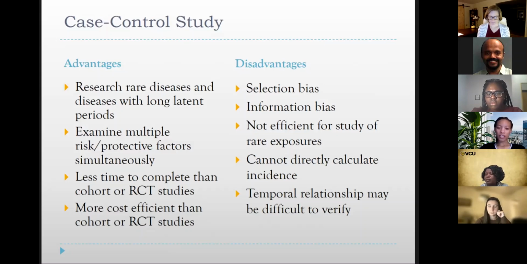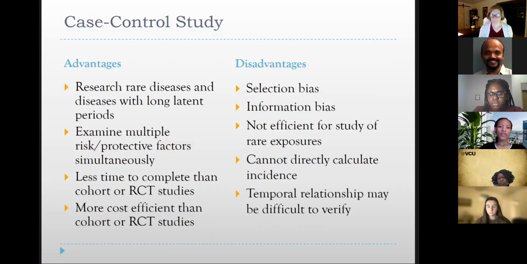So you can't assess risk. And then also the temporal relationship may be difficult to verify. Even though you may go back and look at a person's history and find that they did or did not have an exposure, you're not really sure if they had developed the disease and just were not diagnosed at that time. So the temporal relationship is a little more hard to verify.